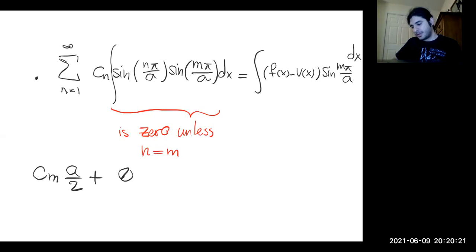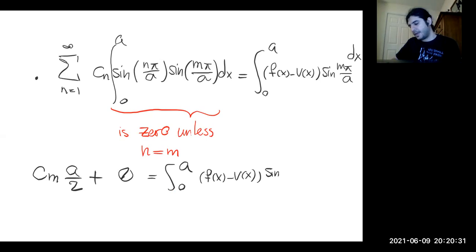On the right-hand side, we have the integral from 0 to a of f(x) minus v(x) times sine of m pi x over a, dx. Sorry, both of these things have x in them, I just forgot the variable.